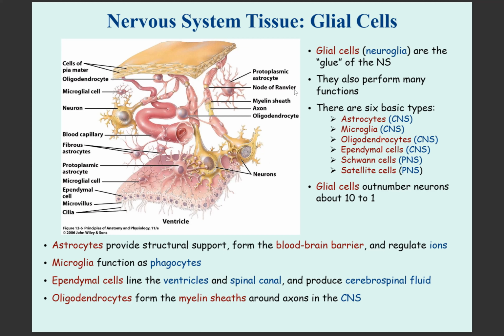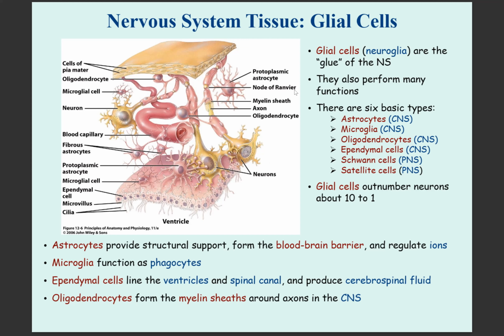So neuroglia, or the glia, are all supporting cell systems for the neurons. The glial cells are very essential. They actually take care of the main neurons.